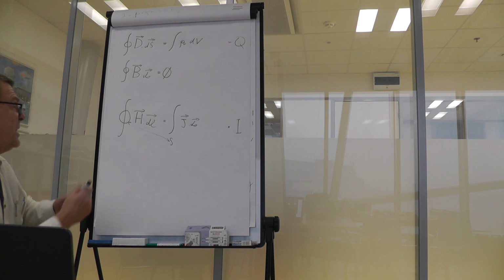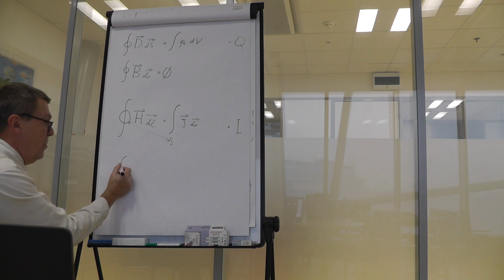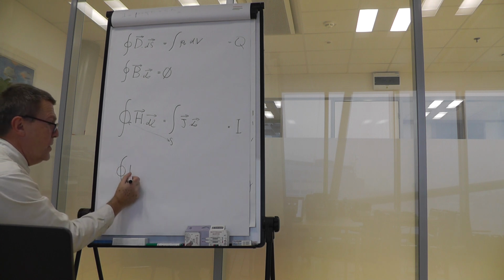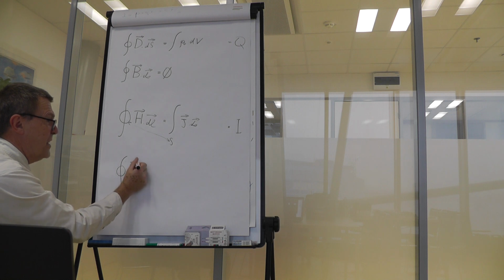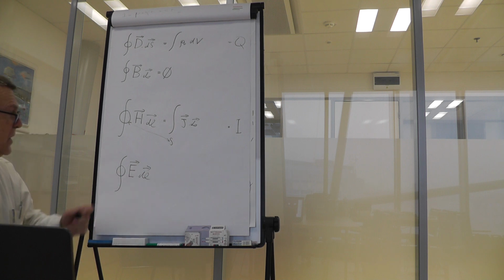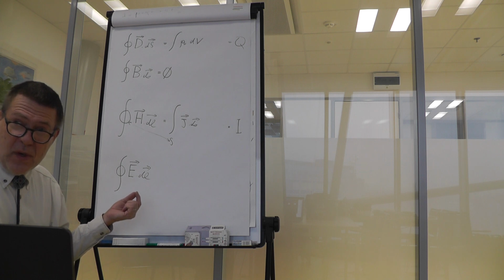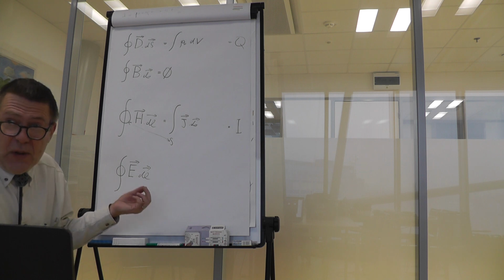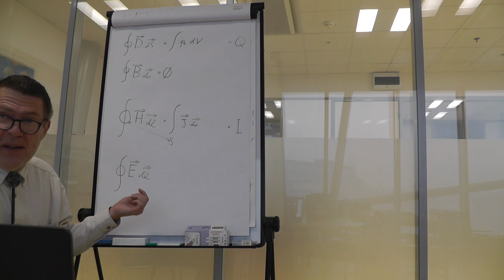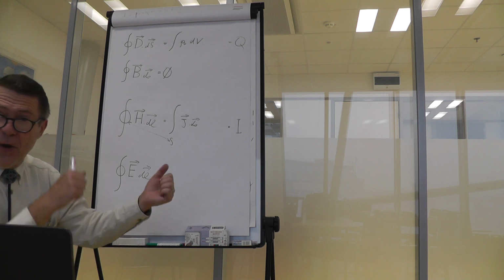We know that an integral over a closed loop of electric field strength dot product with the element of the loop should give you the voltage induced into that loop, and that is minus the time derivative of the magnetic flux flowing through that loop.